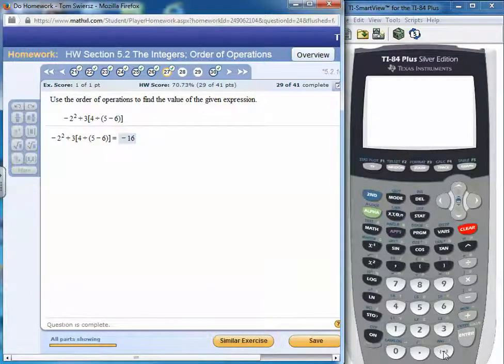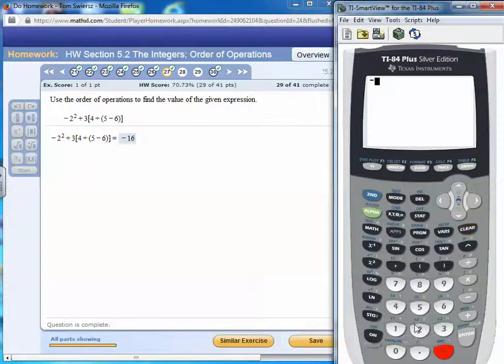Now remember, it is the opposite, so I've got the opposite of 2 squared, and then plus 3, a left paren, 4 divided by, in parentheses, 5 subtract 6, and then 2 right parens, and that's the entire expression. And there's our same correct answer we got with pencil and paper, a negative 16.